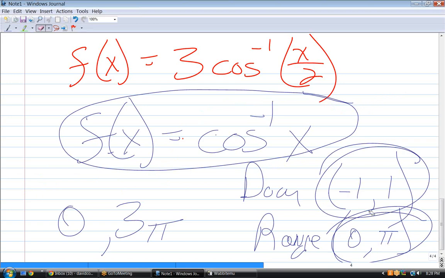Okay? Well, how does the function in red differ from this function? Well, my range is 3 times, so it's 0 to 3 pi instead of 0 to pi. In other words, it's a vertical stretch. That's the range. My domain must go from -2 to 2.